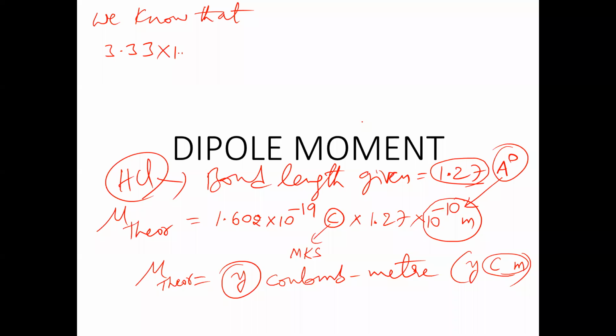3.33 into 10 to the power of minus 30 Coulomb meter is equal to 1 Debye unit, right? Therefore, now here how much did we get? Y Coulomb meter we got.